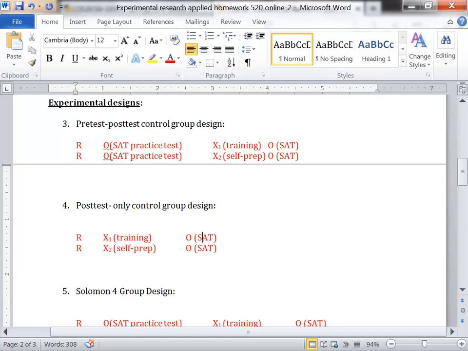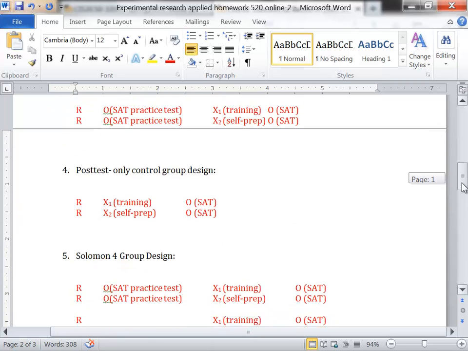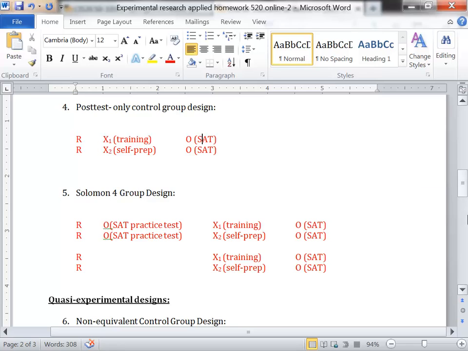The issue with this is that it doesn't take into account the potential mortality, which is the dropping out of participants, which can have an effect on how the statistical analysis of effect plays out when it's calculated.